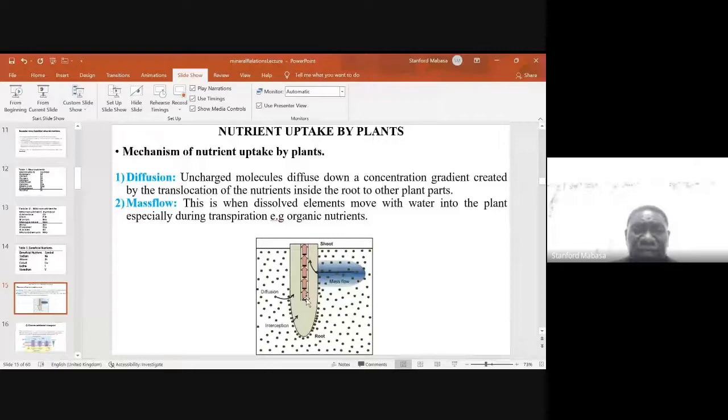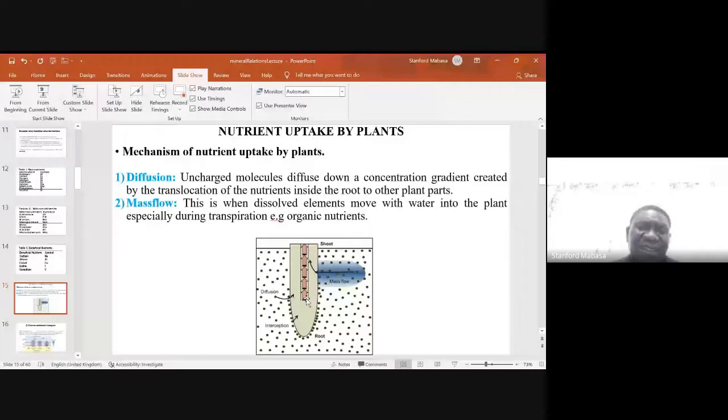So there could be diffusion, or there could be simply mass flow. In mass flow, as water moves inside the root system, due to differences in water potential, it may carry with it dissolved nutrients and deposit them inside the plant. This is one way of moving nutrients into the plant, and we call this mass flow.